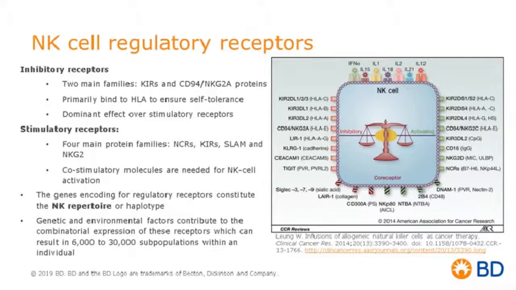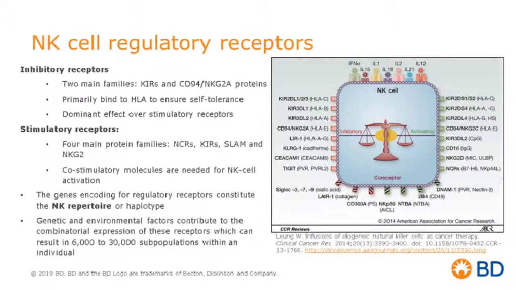We have the NCRs, the KIRs, the SLAM, the NKG2 families, and all the combinations of these receptors enable a large repertoire of NK cells that can respond to a variety of signals, either inhibitory or stimulatory. That represents what is called the NK repertoire or haplotype.